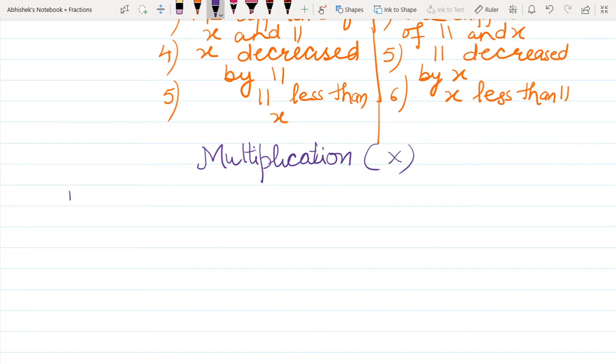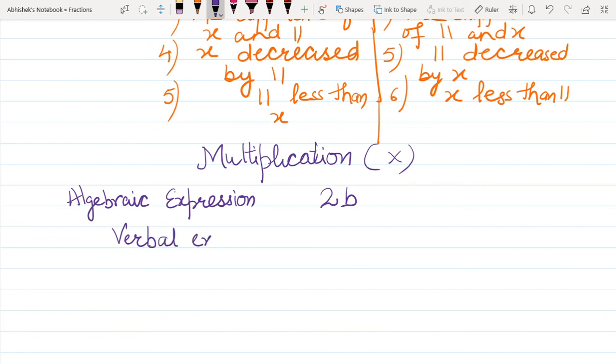Suppose we have the algebraic expression 2b. What will be its verbal expression? What does 2b mean? 2b means 2 multiplied by b.